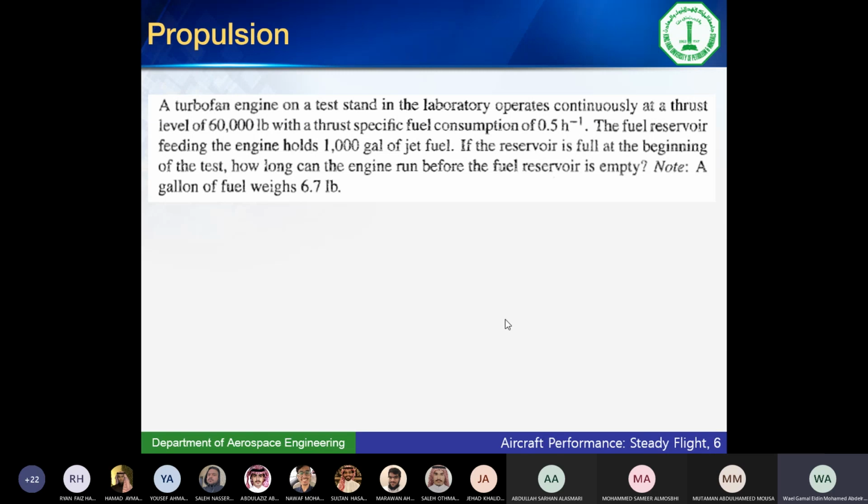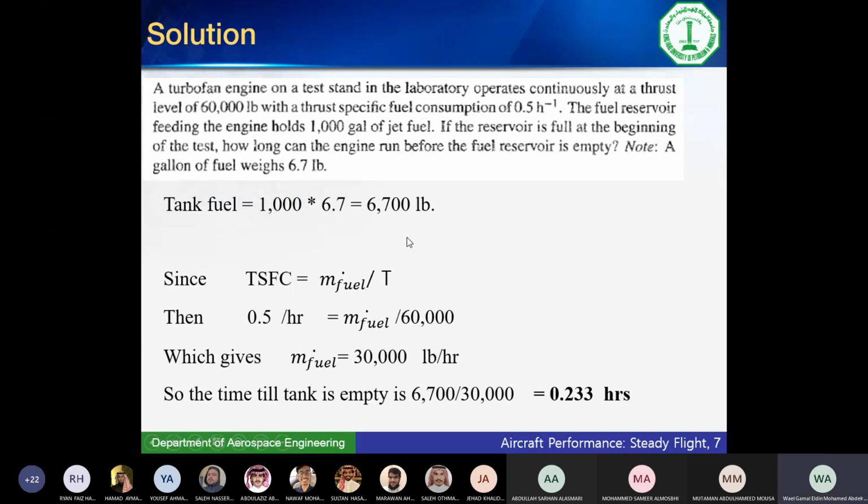What this question tests is your understanding of thrust specific fuel consumption. You know the equation of TSFC. So in order to solve it, we have to use the definition of thrust specific fuel consumption.